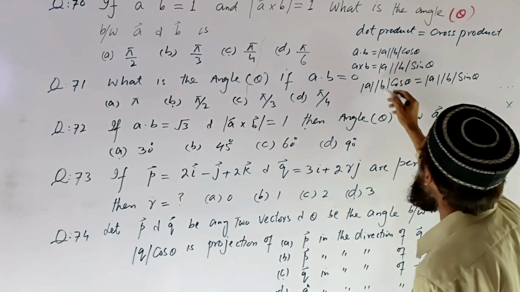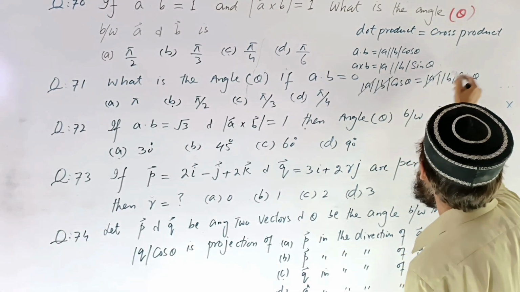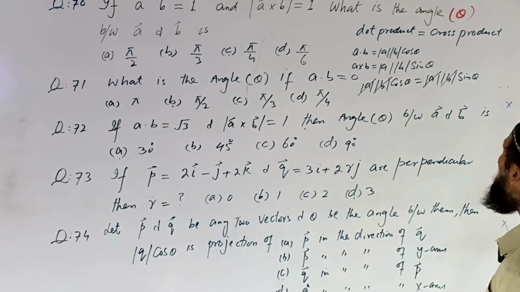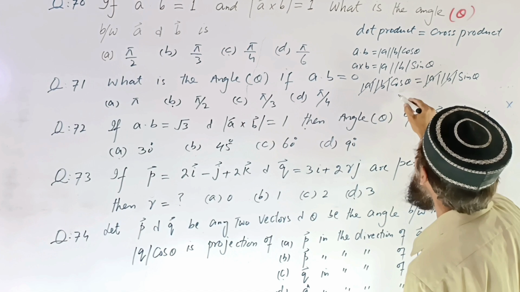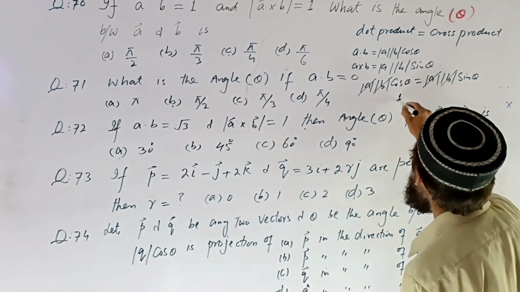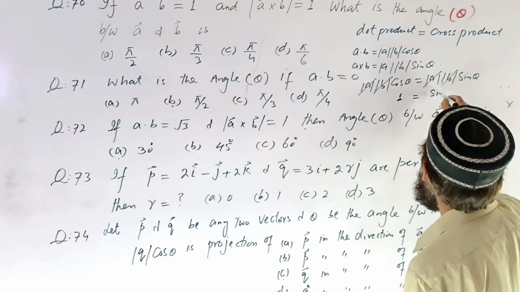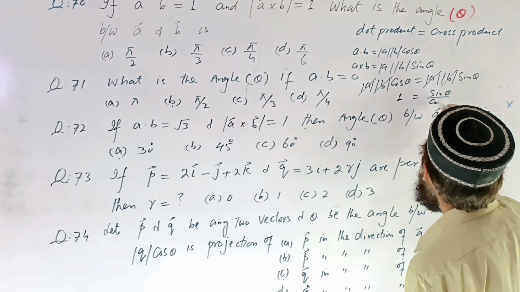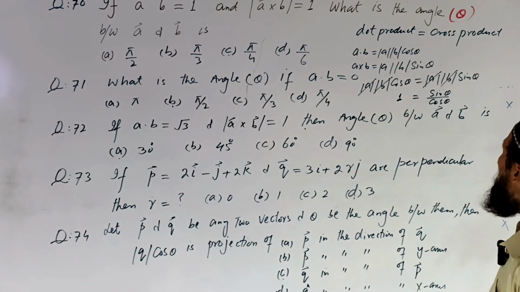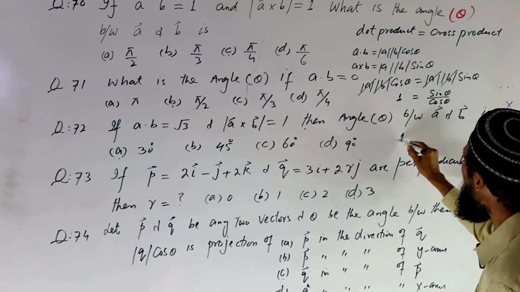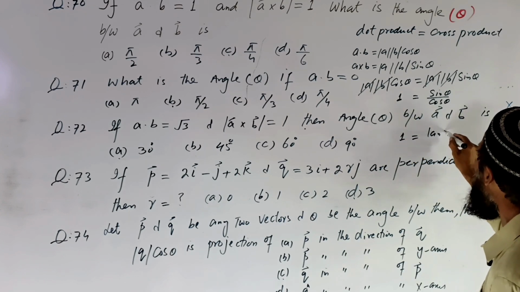So the magnitudes cancel each other, and dividing both sides by cos theta, the left side is equal to 1, and the right side becomes sine theta over cos theta. We get 1 is equal to tangent theta.